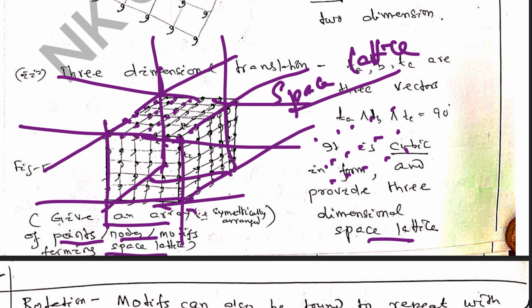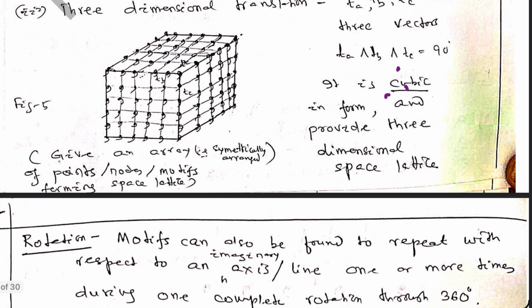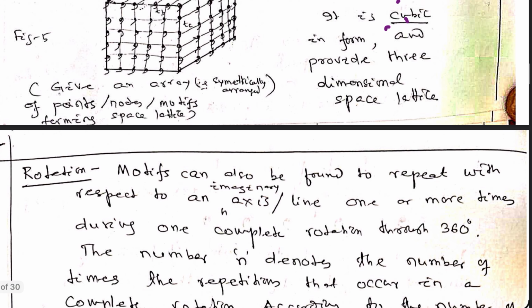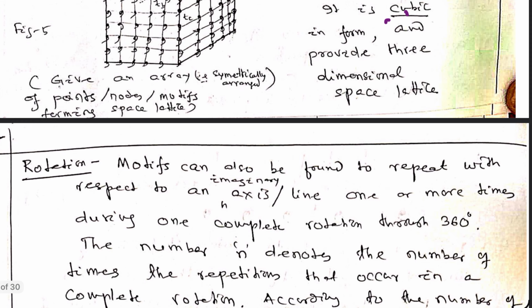So in three dimensions the atoms and motifs are repeated to give rise to the crystal structure. So the space lattice is the three-dimensional pattern of arrangement of atoms, or you can say it is an array of points or nodes, motifs forming the space lattice, which are symmetrically arranged.